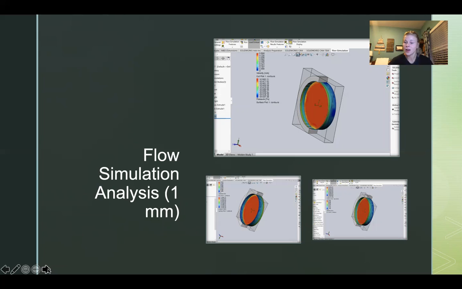They all look the same, which is expected. It's only 1 millimeter of a blood vessel, and the velocities do not change; they're very similar. As you can see, this is the polyethylene terephthalate in the bottom left, and it has a little different coloration, but that can't really be used for much.